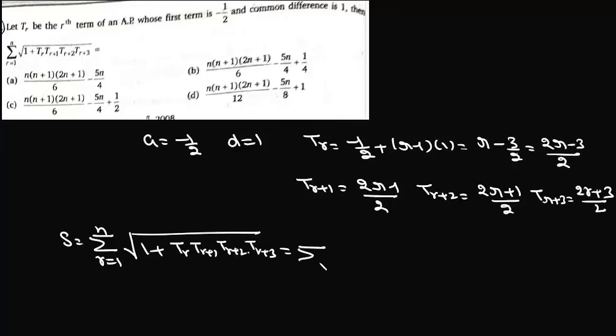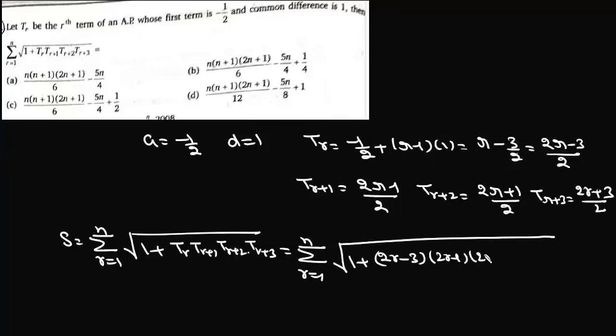Now it says we need to find this series, which is summation r varies from 1 to n under root of 1 plus T r plus 1, T r plus 2, and T r plus 3. That will be this summation r varies from 1 to n, under root of 1 plus 2r minus 3 into 2r minus 1, 2r plus 1, 2r plus 3 upon 16.